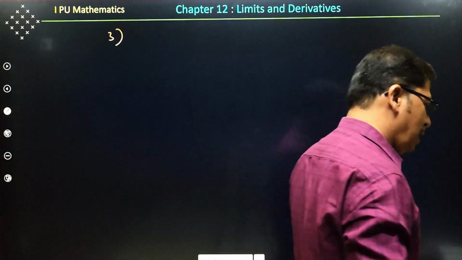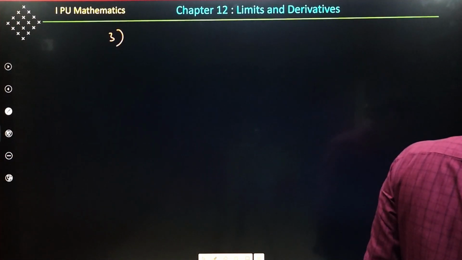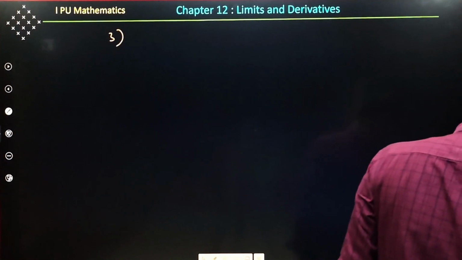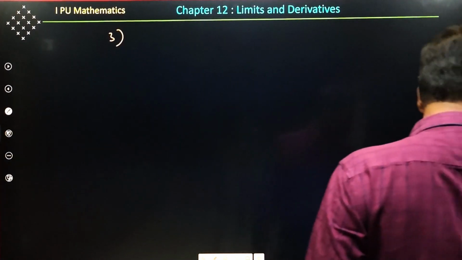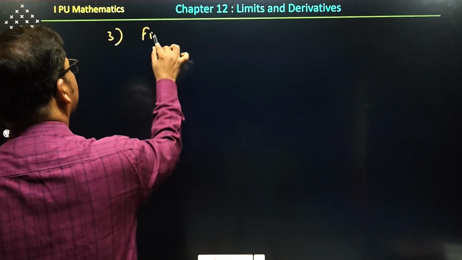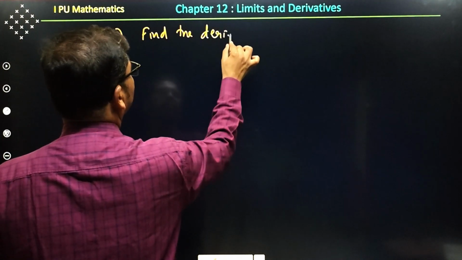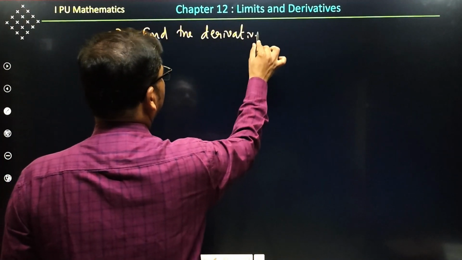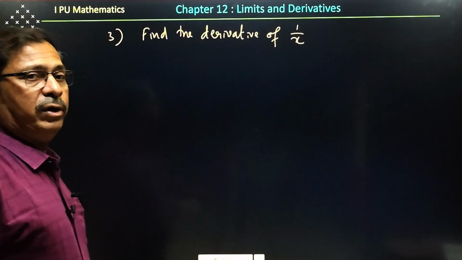See, I would like to take into consideration another example, very simple example. 1 by x you take here. Find the derivative of 1 over x. Find the derivative of 1 by x, 1 upon x.